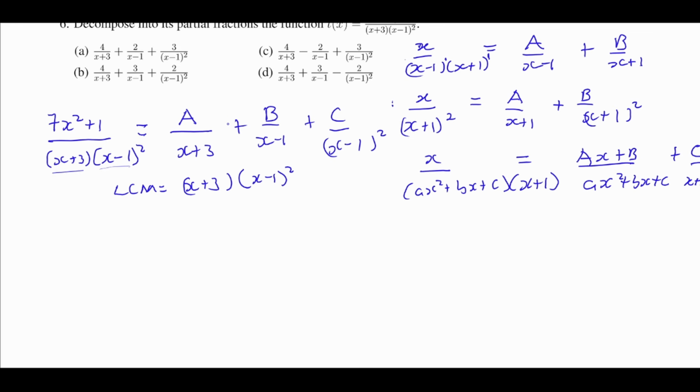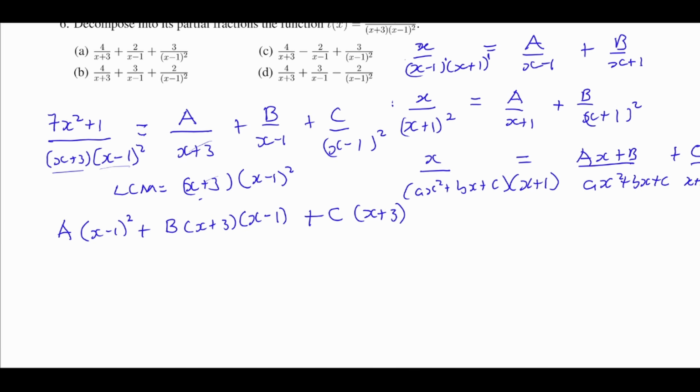So if I multiply through by that, I will have A. When I multiply this one by that, this will cancel, leaving us with only x minus 1 all squared. So we have A(x minus 1) squared, plus my B. When I multiply, it will cancel one of the x minus 1, leaving me with B(x plus 3)(x minus 1), then plus C. For the C, this one will cancel that, leaving us only with C(x plus 3).